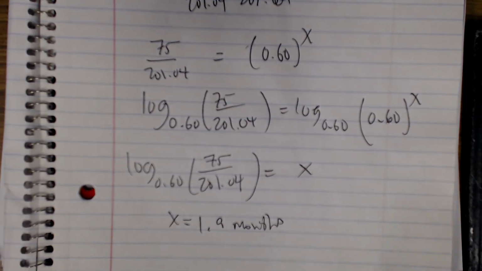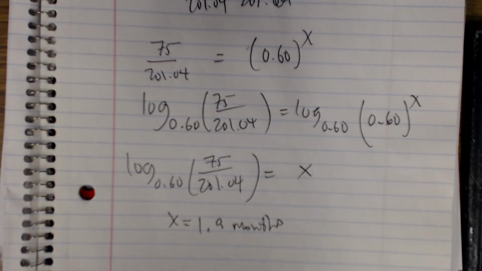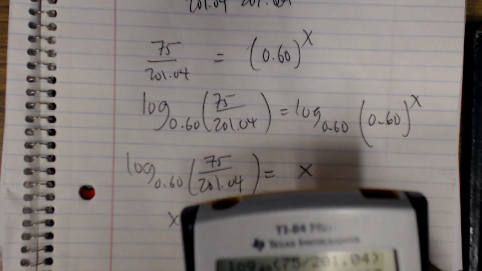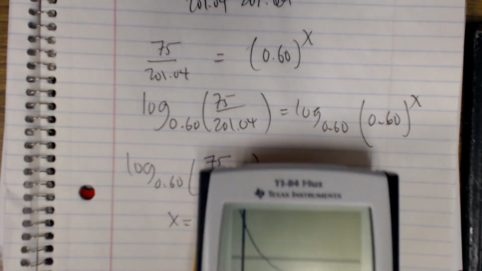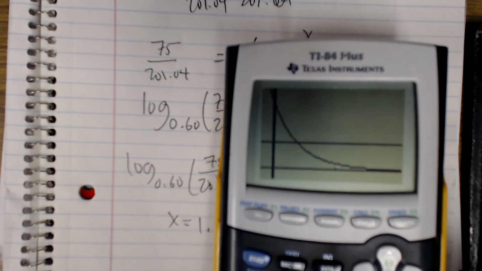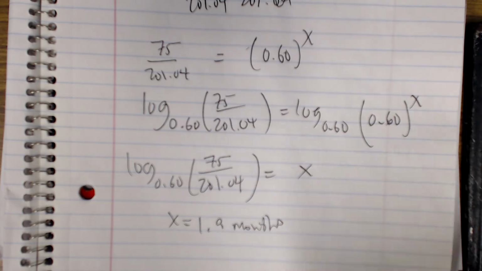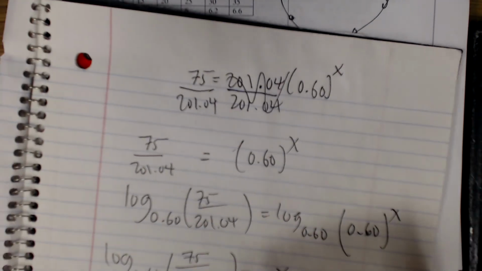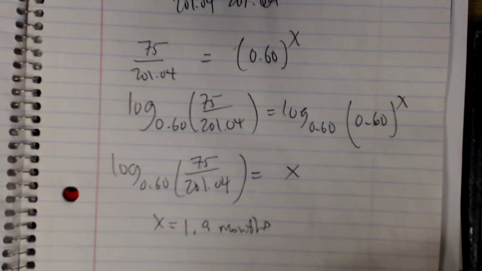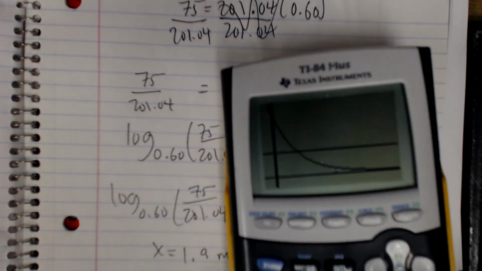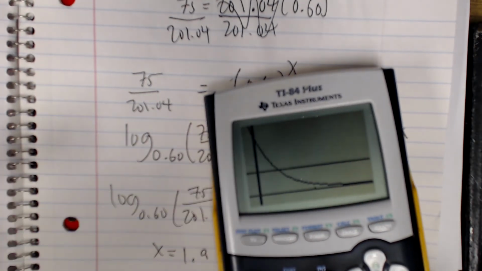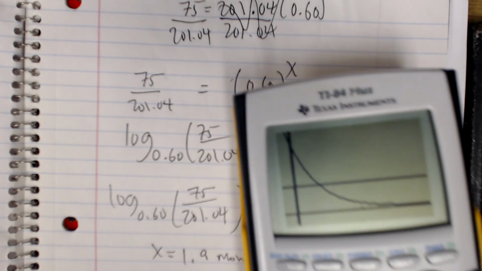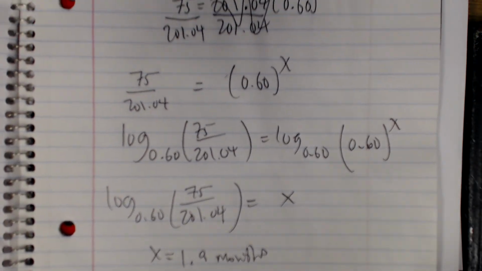So, my question to you is, would you rather do all that algebra, or would you rather use the graph? Graph, algebra, same answer. Which do you prefer? I can tell you I prefer the calculator, but if you want to do the algebra, it's fine.